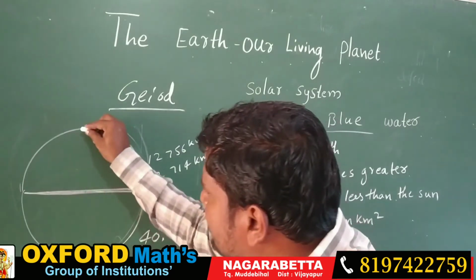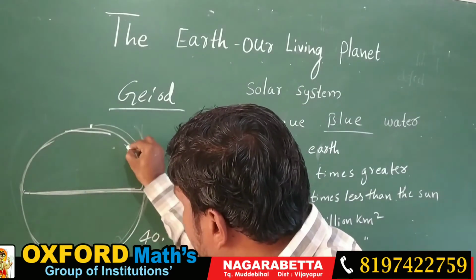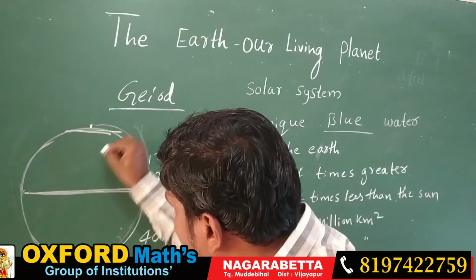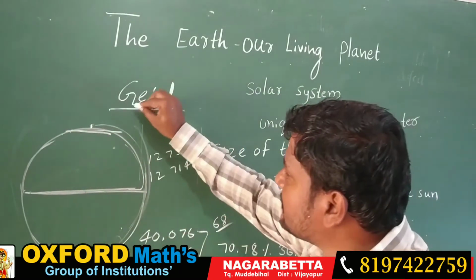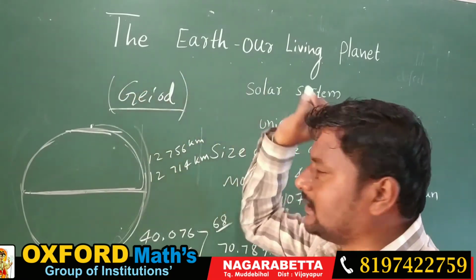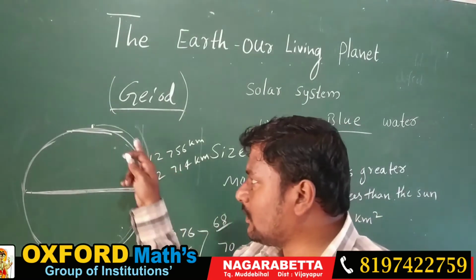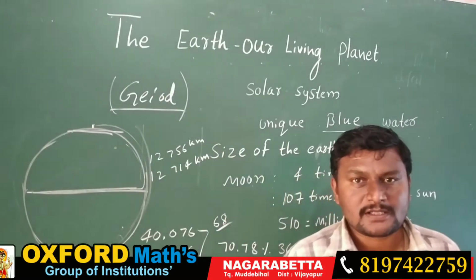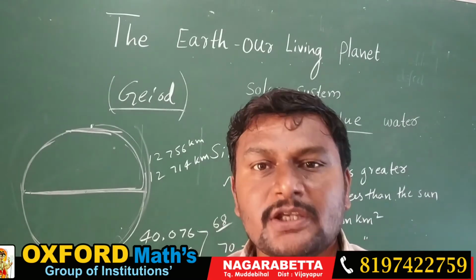So this difference makes the earth bulge at the sides and flatten in the north and south direction. That specific shape of the earth is known as a geoid shape. Understood? Earth is not a football shape, nor a circle shape, it is a geoid shape.